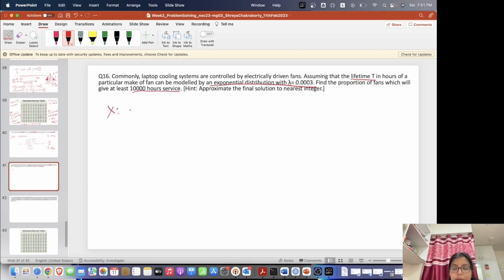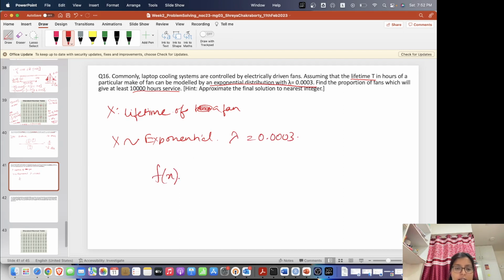So X is the lifetime of a randomly selected fan. X follows exponential with lambda 0.0003. So f(x) is lambda e to the power minus lambda x if x greater than 0 and 0 otherwise.